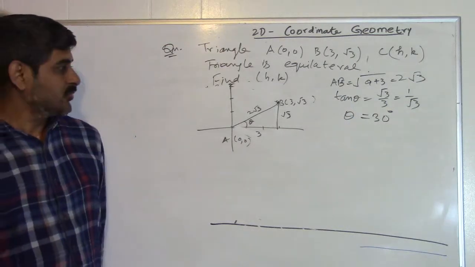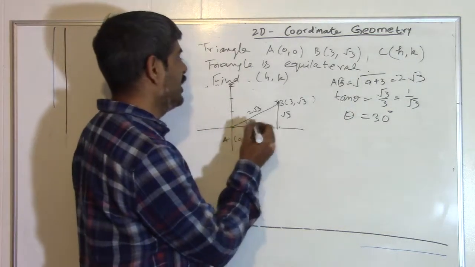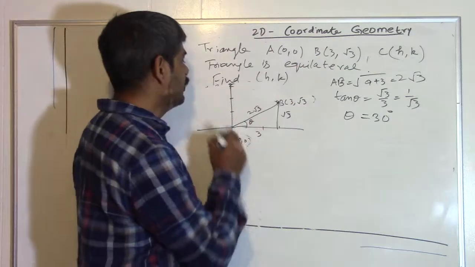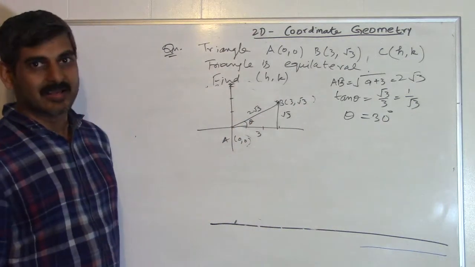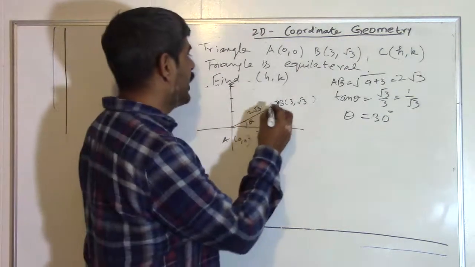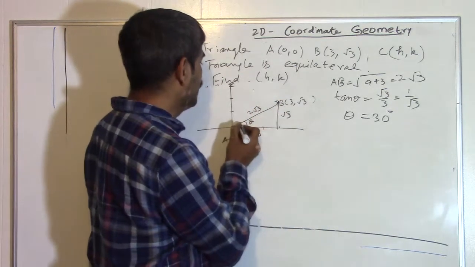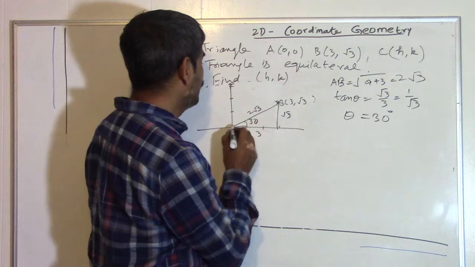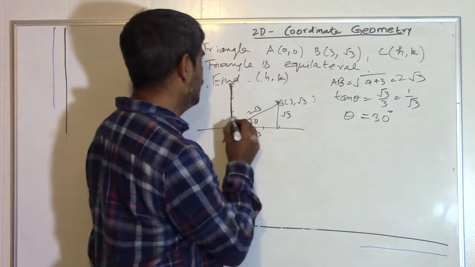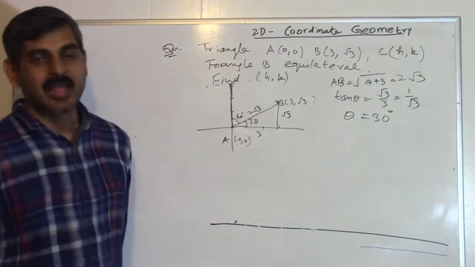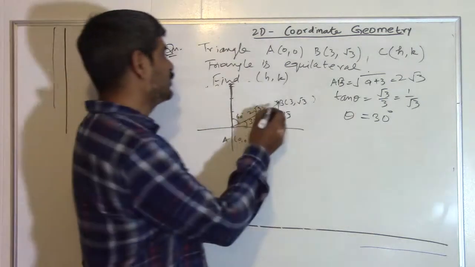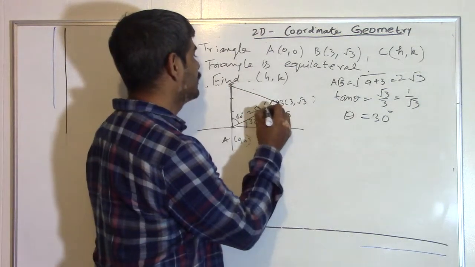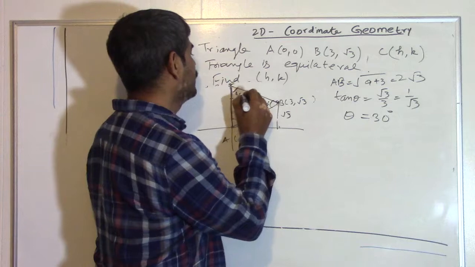Now what I am doing is, when this angle is 30 degree and I need to create a triangle, then this angle is 30 degree. Now this angle must be 60 degree. If the triangle has to be equilateral, then this angle has to be 60 degree, this angle has to be 60 degree, and this angle also has to be 60 degree.